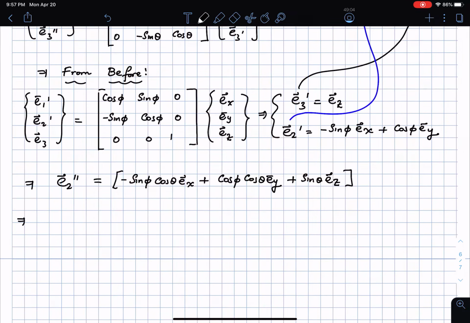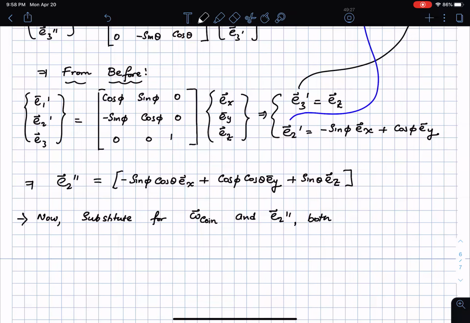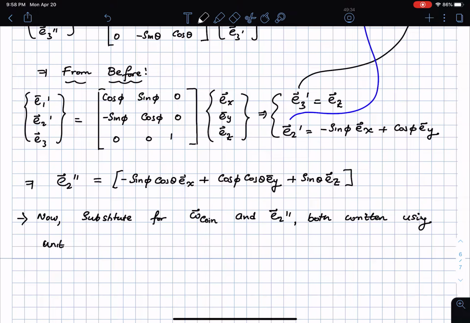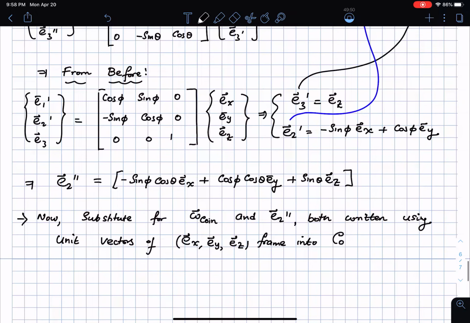Now we can use this, now substitute for omega coin and E2 double prime, both written using unit vectors of the Ex, Ey, Ez frame, into the constraint equation.